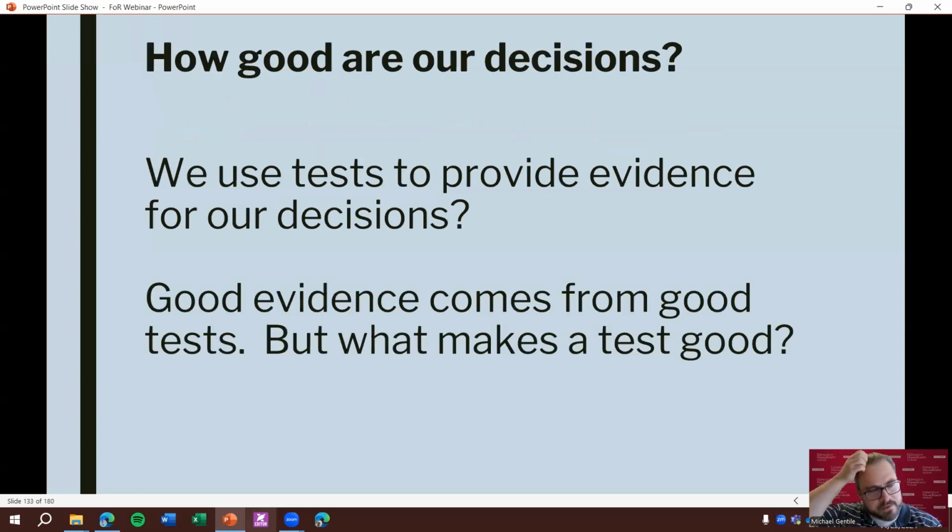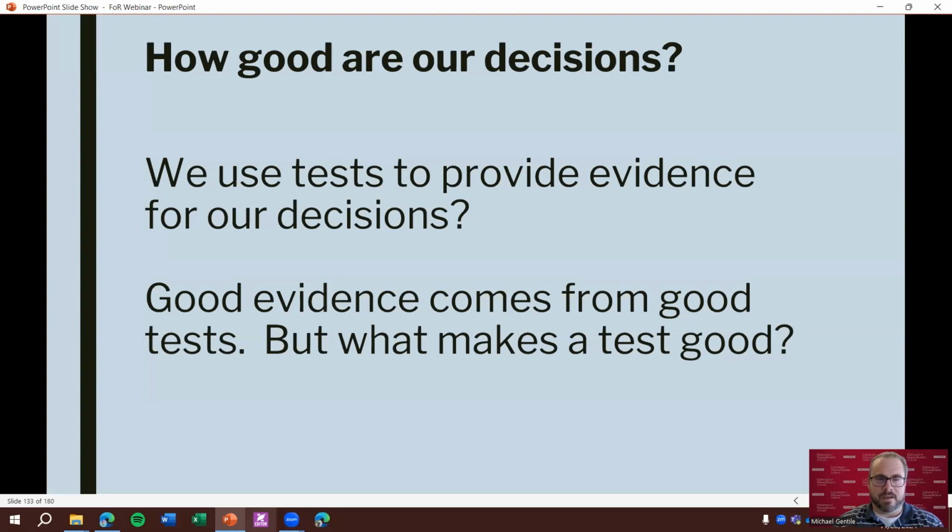The point of assessment essentially comes down to this question: how good are our decisions? What assessment is designed to do is to inform the decisions we make with some level of objectivity so that we can make the best decisions possible.